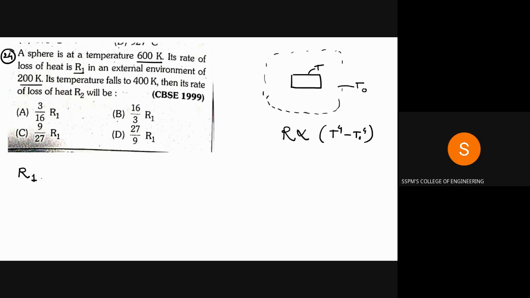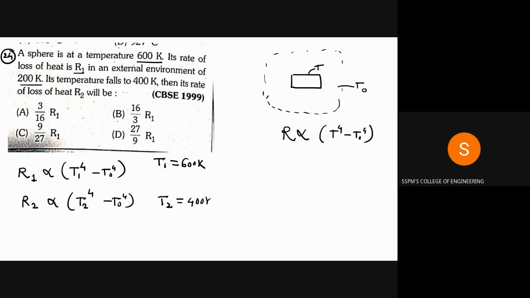First, R1 is proportional to T1 raised to fourth minus T0 raised to fourth, and R2 is proportional to T2 raised to fourth minus T0 raised to fourth. Here T1 and T2 are body temperatures. The first body temperature T1 is 600 Kelvin. The second body temperature T2 is equal to 400 Kelvin. Okay, and the environment temperature is the same, so T0 is equal to 200 Kelvin.